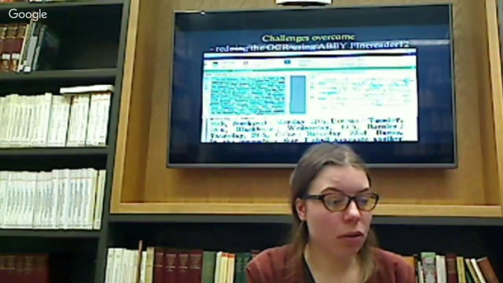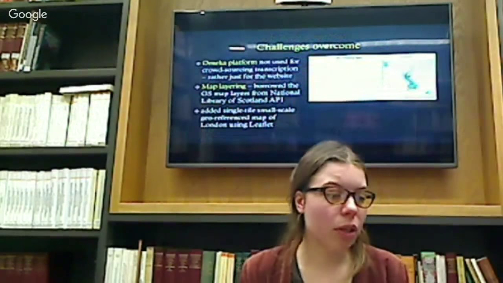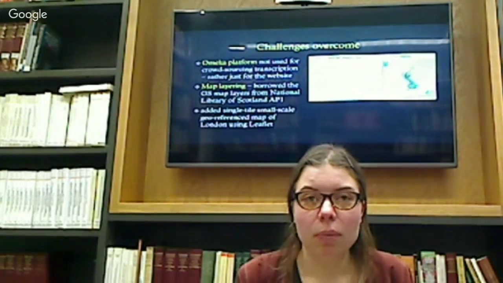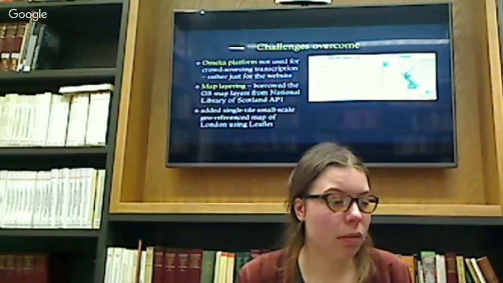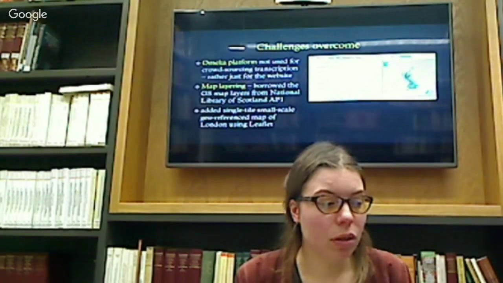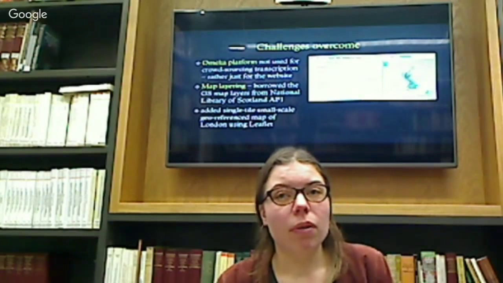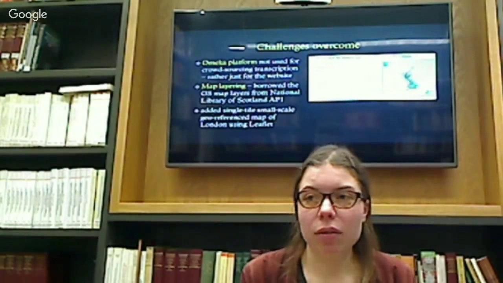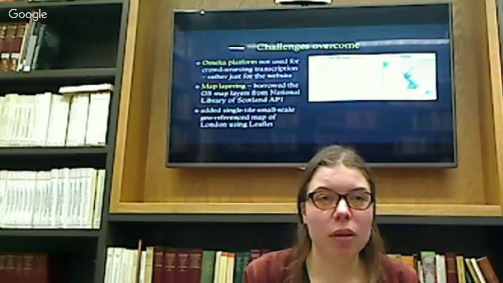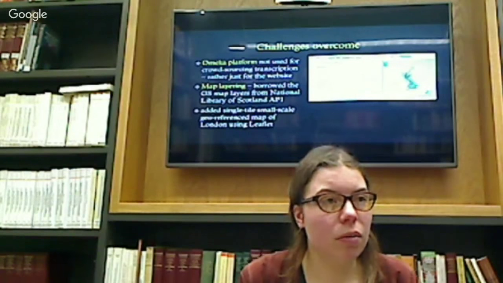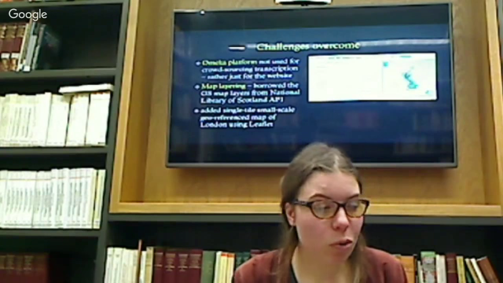So some of the other challenges we overcame: as I said, we didn't need to use the crowdsourcing platform because we'd already done the OCR recognition. The maps were a bit more of a problem. We were looking at using historic maps, because I'm very interested in historic maps and showing places where these meetings were held.